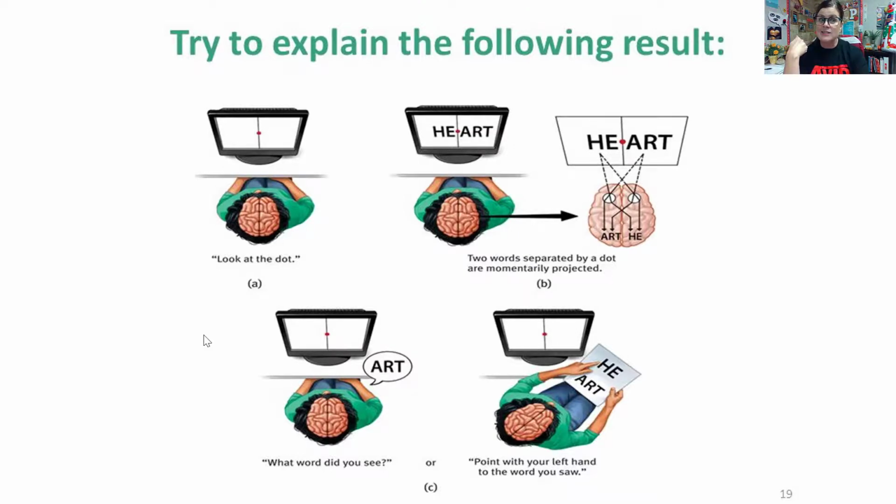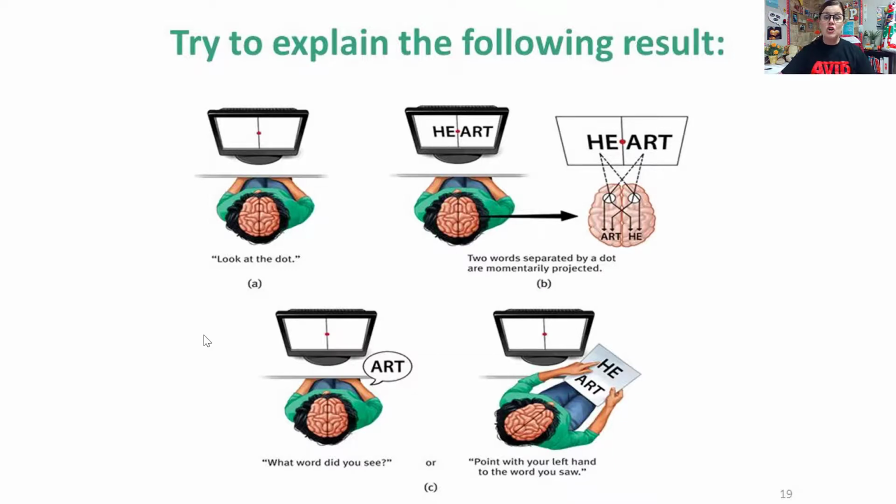It was seen in the left field of vision and sent to the right hemisphere. The right hemisphere doesn't have the ability to use language and speak those words. Hence, they only replied that they could see the word art, A-R-T.